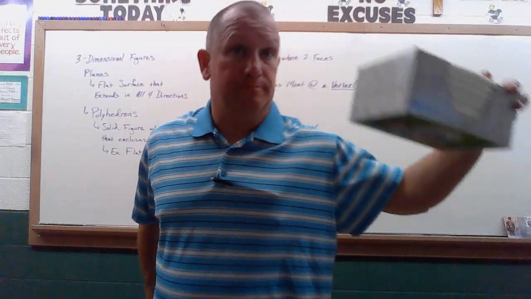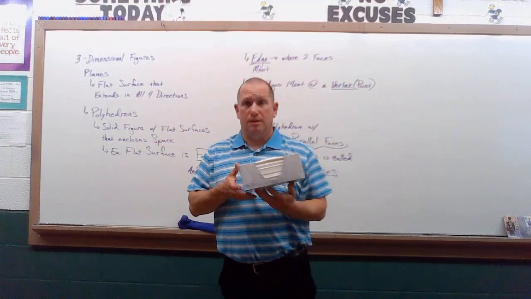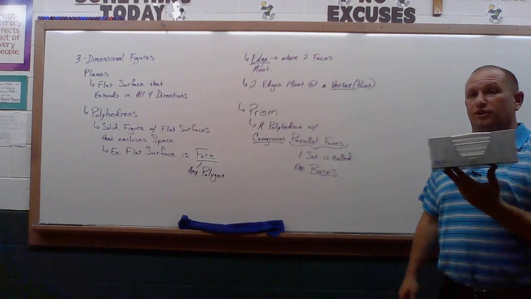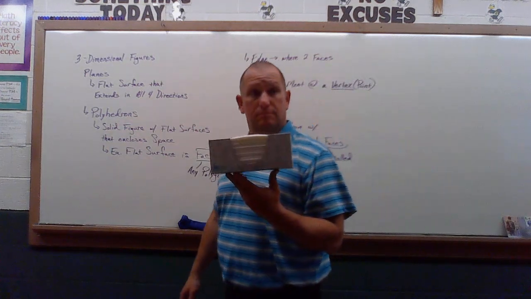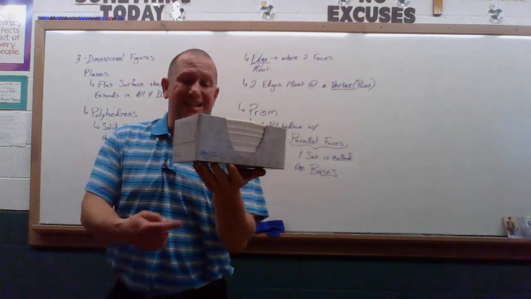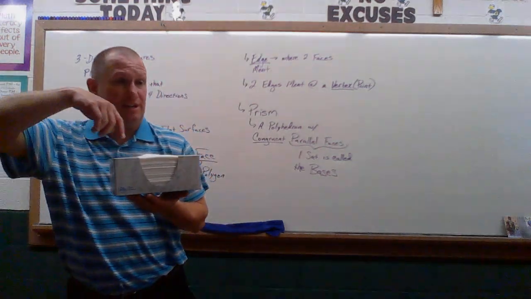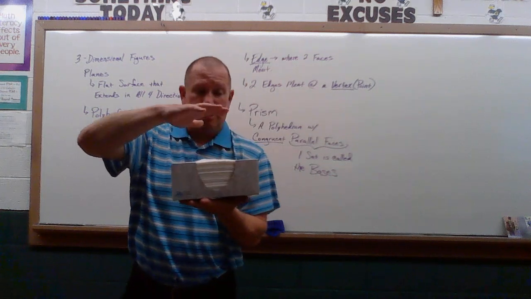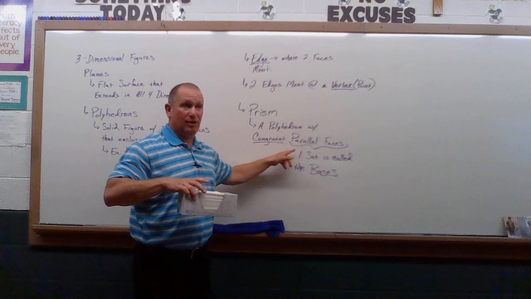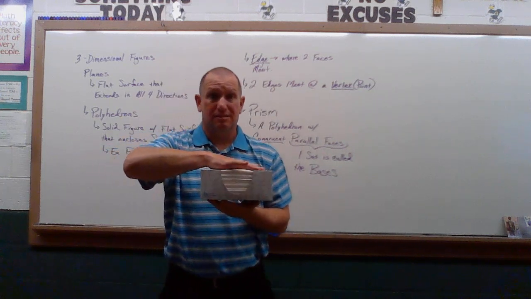A rectangular prism, right? So when you look at this right here, what would you consider the base? The bottom. Where it's sitting on? Yeah. Okay? So if the base is the bottom that you're considering just because it's sitting on it, then the other base is the top. It's the one that is parallel and congruent to that.